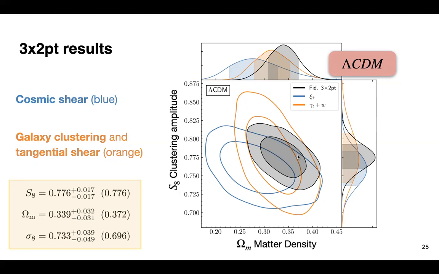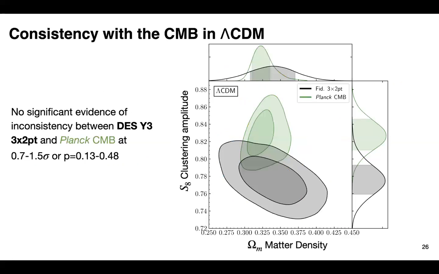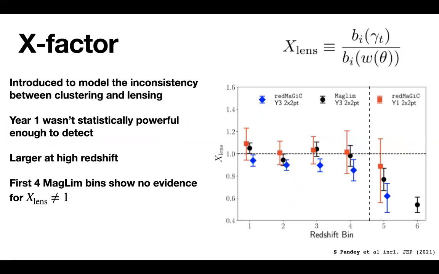Other questions? James? Yeah, thanks. That was a great summary. I'm still trying to understand the X factor. So I guess one of the complications with the X factor is that these biases are both things that are put into the modeling. So you could imagine other things going wrong with the modeling that then produce that outcome.